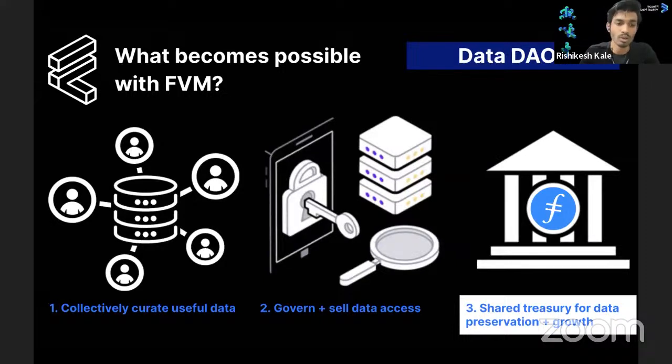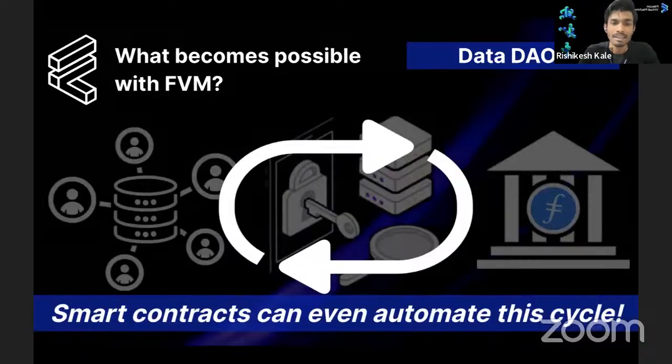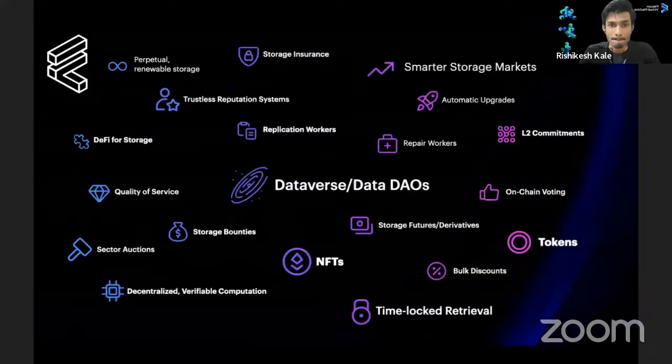To unlock that particular content, you can have some sort of access control feature, which we just discussed in the previous slides, and then you can see who gets access to that particular music. Even all this cycle can be automated using smart contracts. So again, your smart contracts come into the picture when you are thinking of building a data DAO.